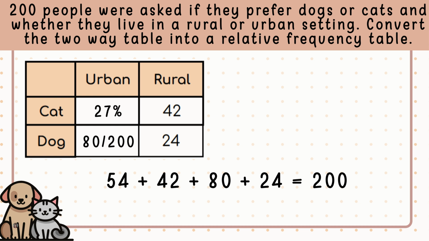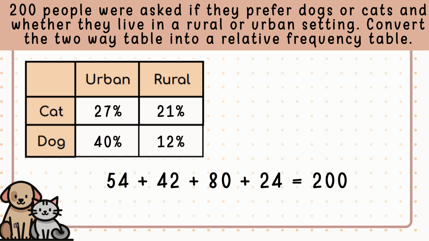Now we'll divide 80 by 200, which gives us 0.40, or 40%. Next we'll divide the 42 by 200, giving us 0.21, or 21%. Finally, we'll divide the 24 by 200, which gives us 0.12, or 12%.